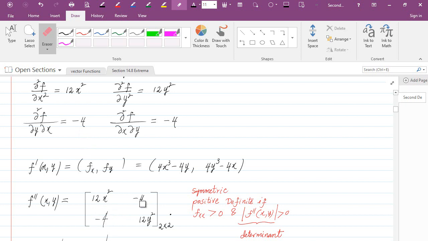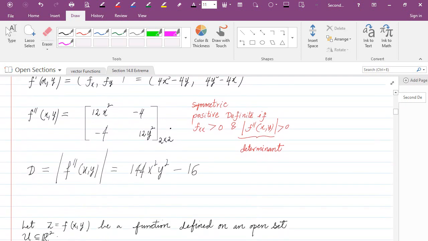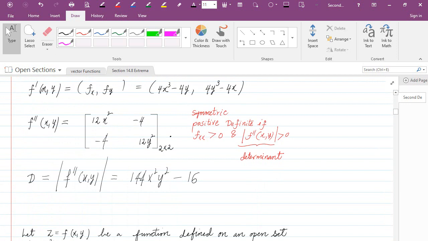Now these two will be equal as long as the continuity assumption is true. So that's the second derivative, and then finally the discriminant is the determinant of this 2 by 2 matrix. So we multiply 12x squared and 12y squared, we get 144x squared y squared, and then minus the product of these two, which is 16, so that's minus 16.